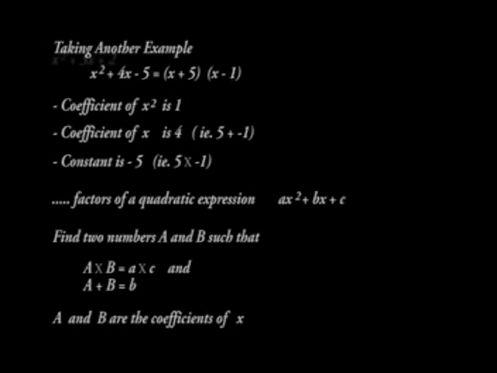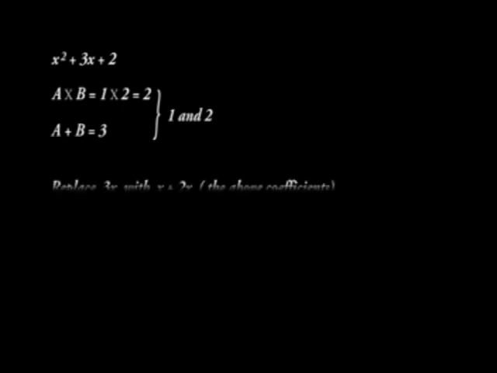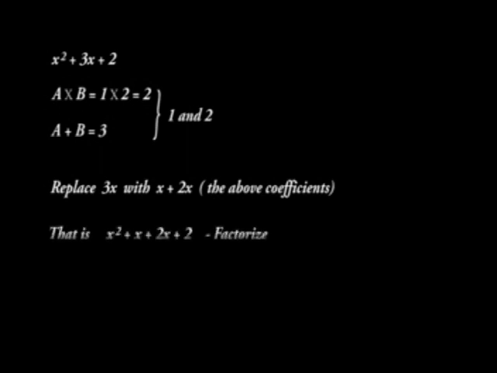For example, x squared + 3x + 2. Find p and q such that p times q is equal to 1 times 2, p + q is equal to 3, and those numbers are 1 and 2. Replace 3x in the expression with x and 2x, that is x squared + x + 2x + 2.